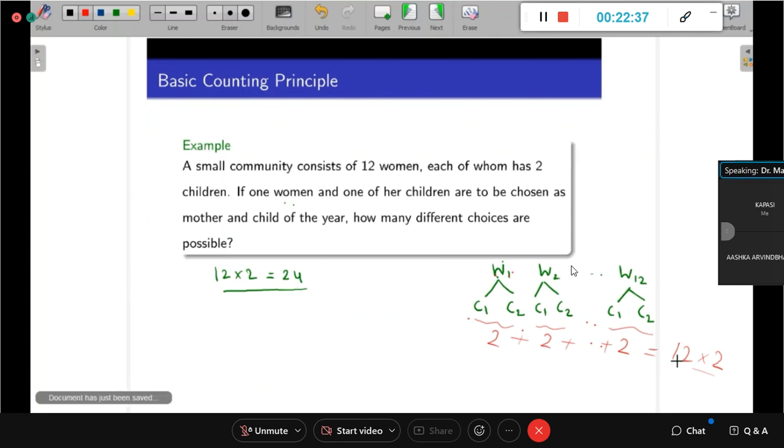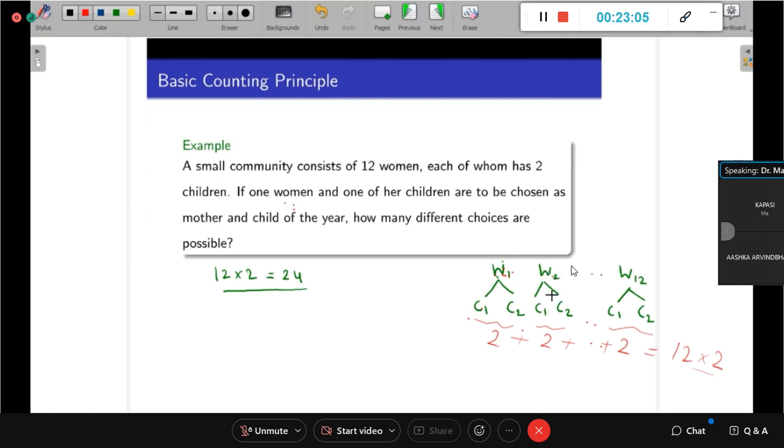What I want you to understand from this example is that one case is simultaneously happening. You need to choose a woman as well as her child as a pair. If you choose W1, it has to be chosen with either C1 or C2.